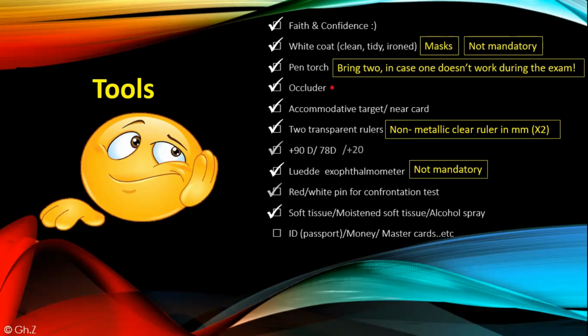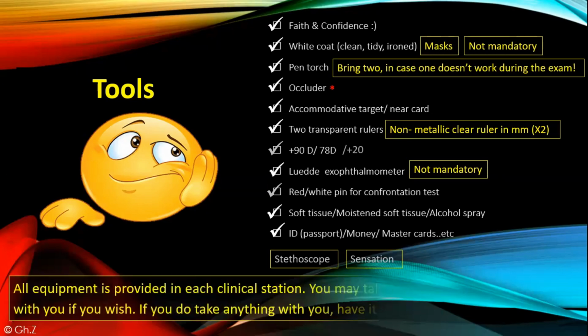Soft tissue: if you remember, for doing Valsalva we need soft tissue, and also for sensation testing. The last one, the stethoscope, is just fancy, and I think nobody needs a stethoscope in the exam. But since I mentioned it in auscultation, I wrote it on this slide.